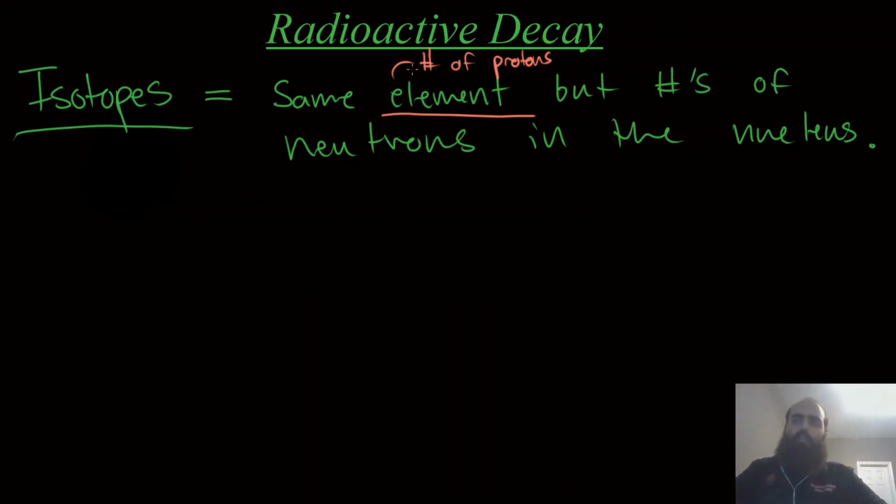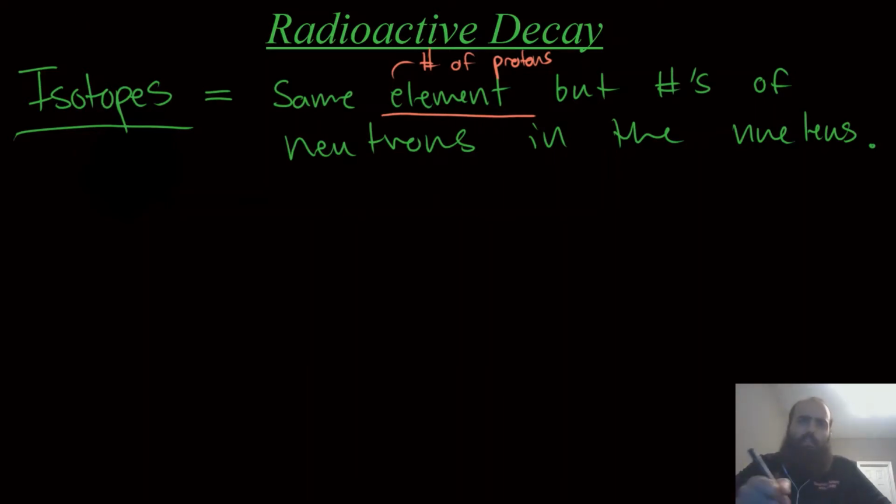But the number of neutrons inside that element can change for any given element, and that's what makes something an isotope.